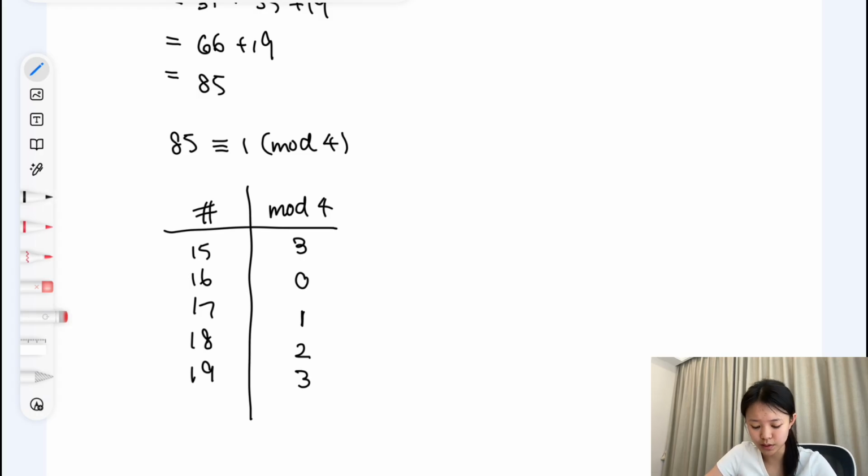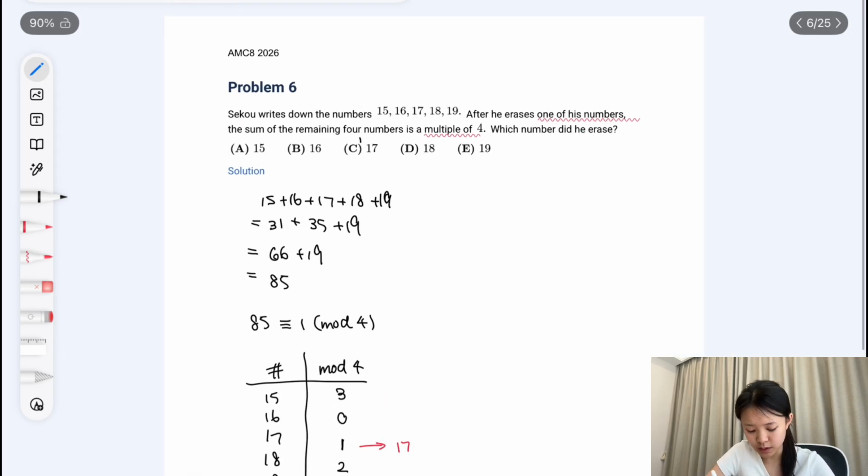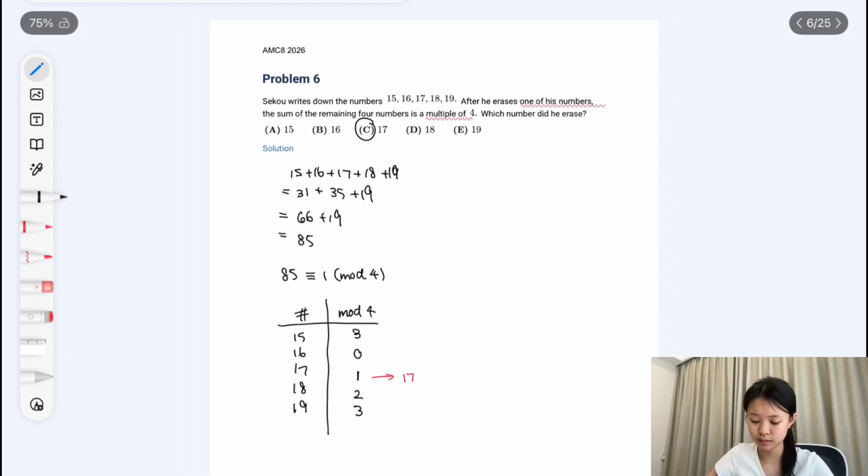We know the original remainder was 1, which means we now need to take out a number with a remainder of 1 to ensure that the final sum is a multiple of 4. So we're taking out the number 17, and our final solution is C, which is 17.